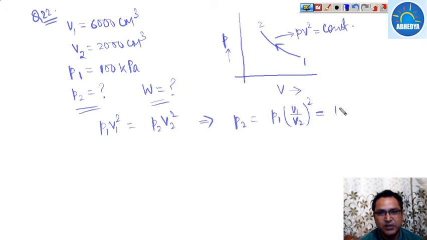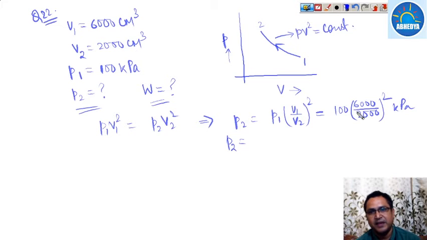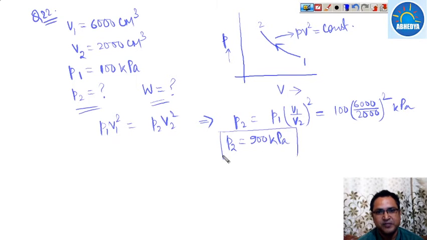P1 is 100 kilopascal into V1 upon V2 is 6000 by 2000 whole square, this much kilopascal. So what is the final pressure? 3 square, that is 9, that is 900 kilopascal. So final pressure will be 900 kilopascal.